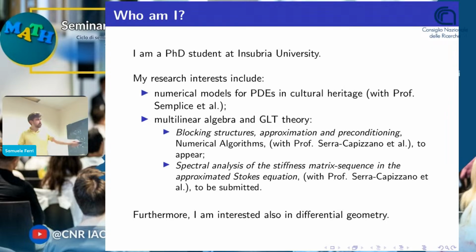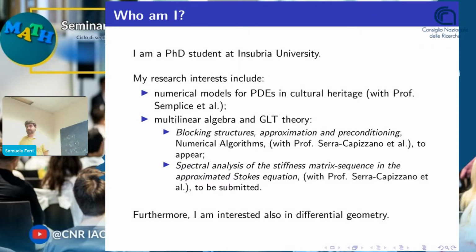Just to give you a bit of information about me, I'm a second-year PhD student at Insubria University in Como. My research topics are numerical approximation of PDEs for cultural heritage, but I'm also interested in multilinear algebra and GLT theory. With Professor Sarah Serra-Capizzano, we have these two papers.